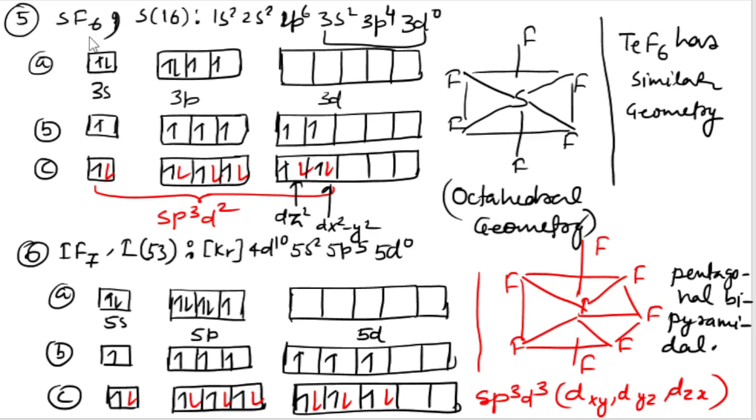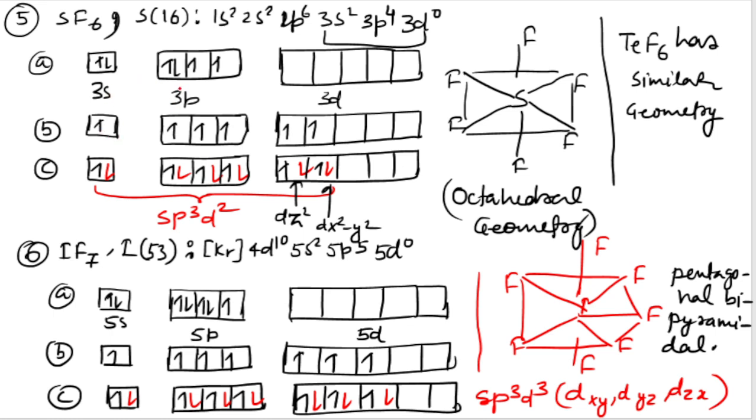Another example is SF6. So similarly, the electronic configuration is this, and here two electrons are unpaired, so we need 5 unpaired electrons.